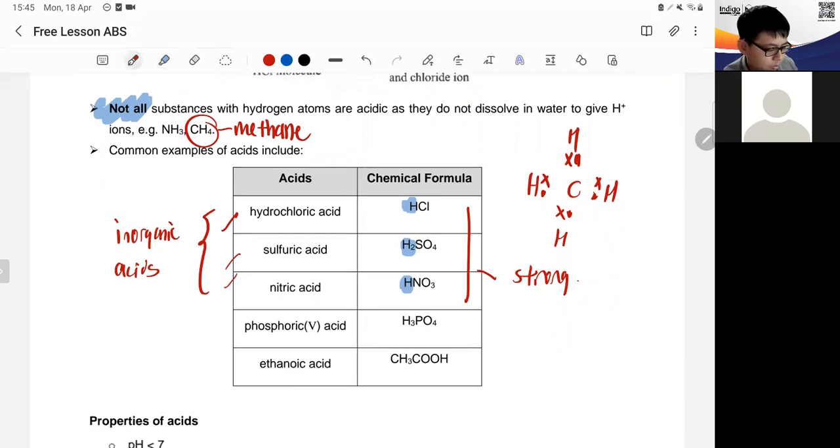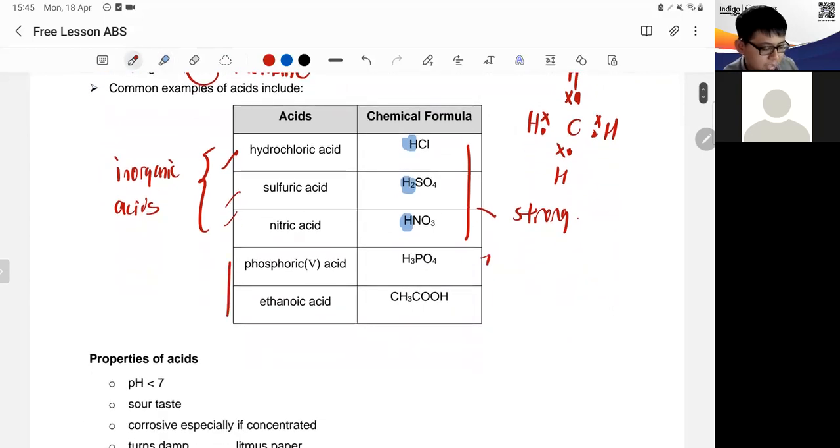The other two are not so common. These are actually slightly weaker acids. In particular, this one here is an organic acid. You will see this a lot in Sec 4, but it's good to introduce some examples of strong versus weak acids, so you won't get caught off guard when exams come.